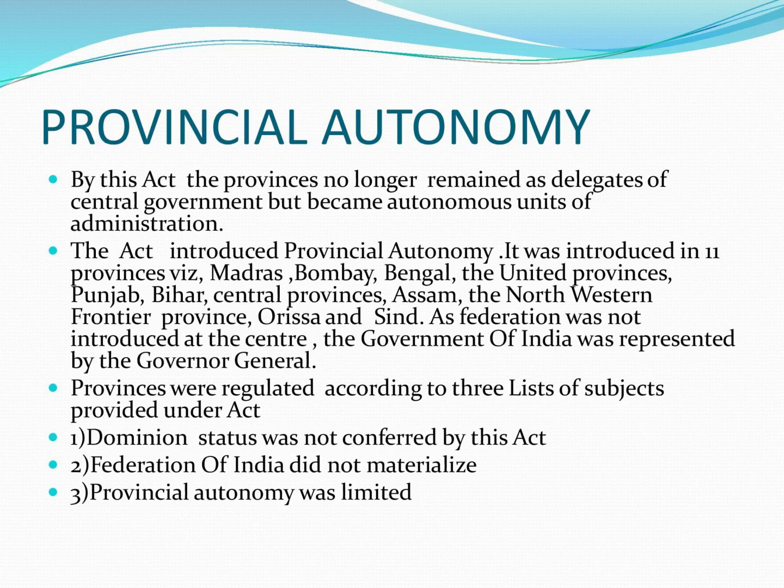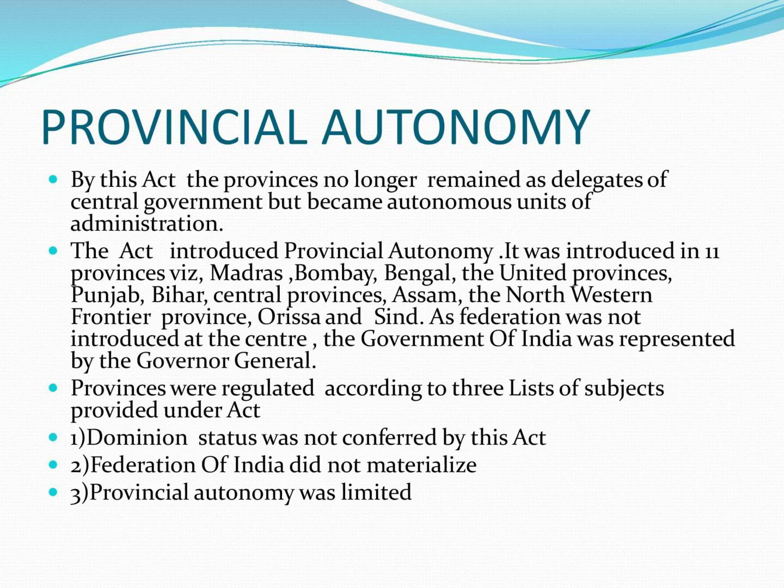The legislative relations between the central government and the provinces were regulated according to three lists of subjects provided under this act. So, this act provided freedom or privileges in the hands of the provincial states. Provincial autonomy was introduced in 11 provinces.